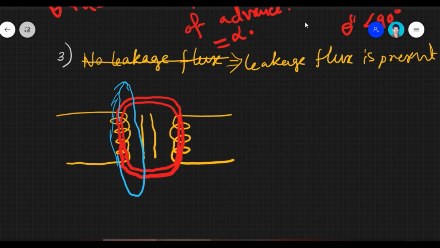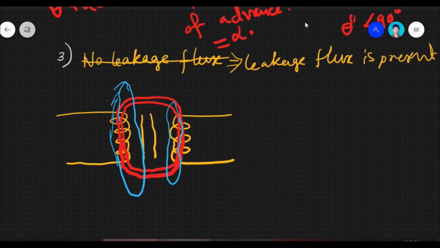So this is an example of leakage flux. Now what is the problem with the leakage flux? Obviously if there is leakage flux, this will also produce some leakage flux.